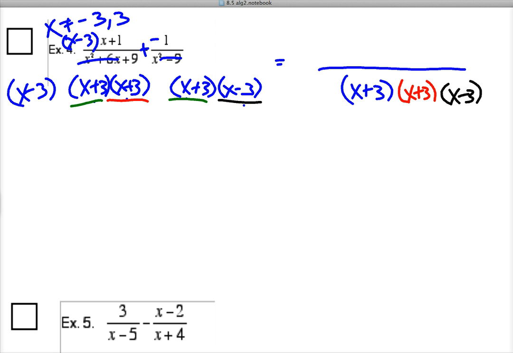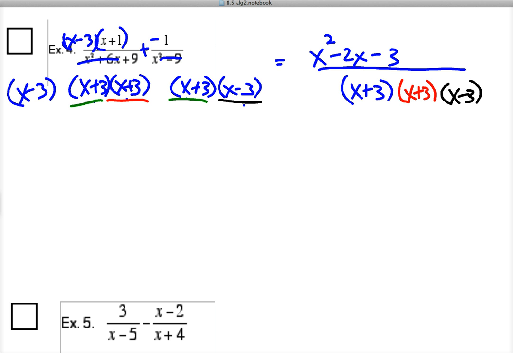Get rid of my restrictions up here, they're kind of in the way. And I'm going to have to FOIL that out. Now if I take x minus 3 times x plus 1, I'm going to get x squared. X minus 3x is negative 2x, and negative 3 minus 1 is negative 3.